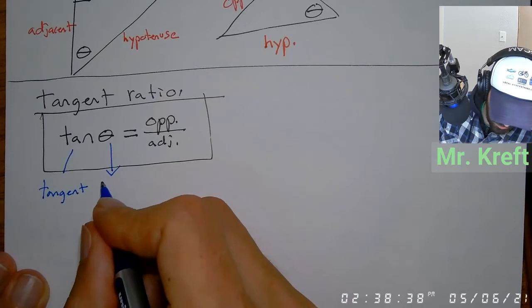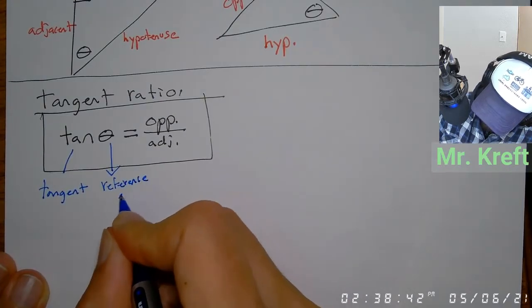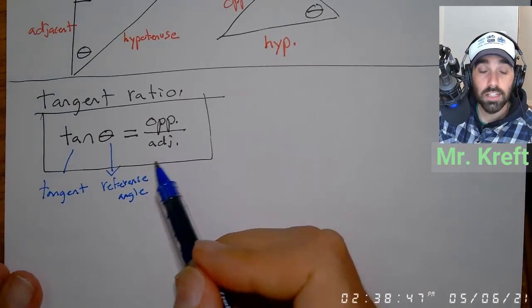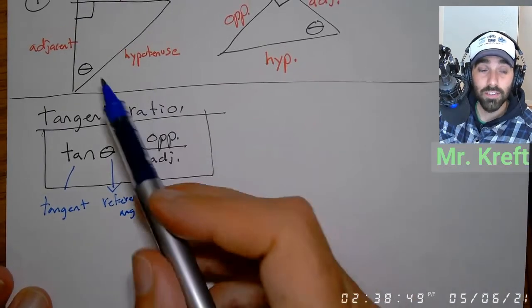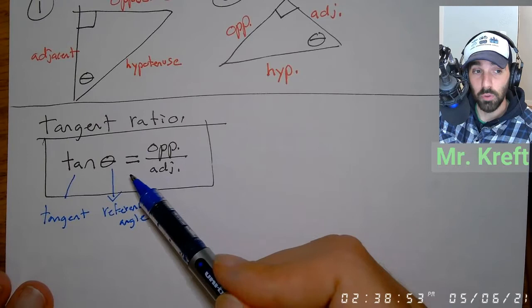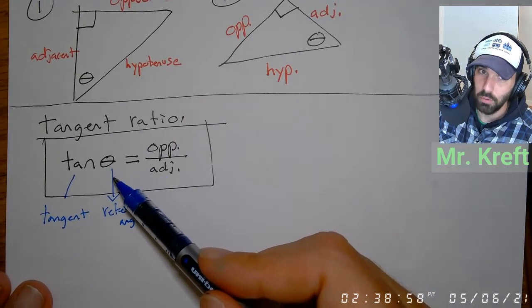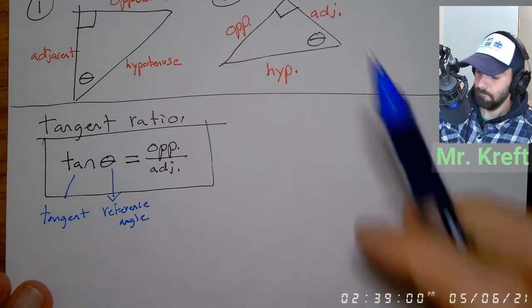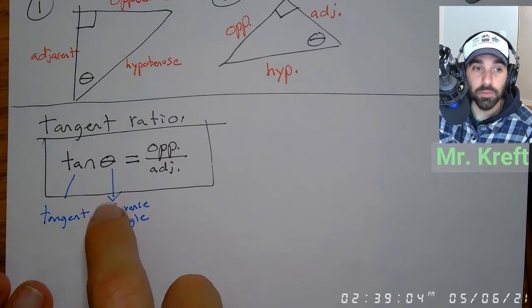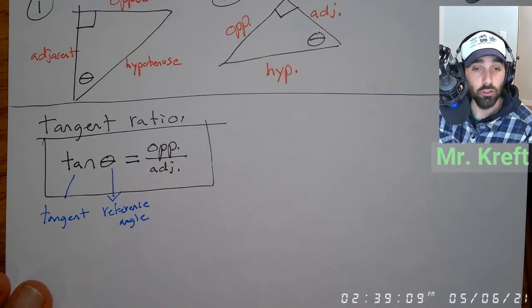The theta is our reference angle. And opposite and adjacent refer to the sides relative to the reference angle. So the opposite is the side furthest away from our reference angle, and adjacent's the one next to it that's not the hypotenuse. Okay, so we say this as tangent of theta equals opposite over adjacent, and this is a function.